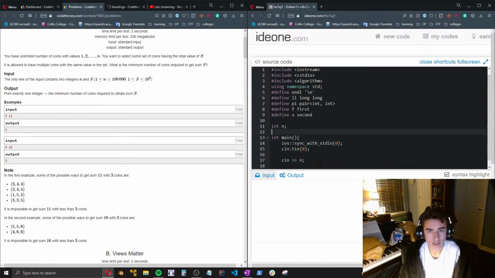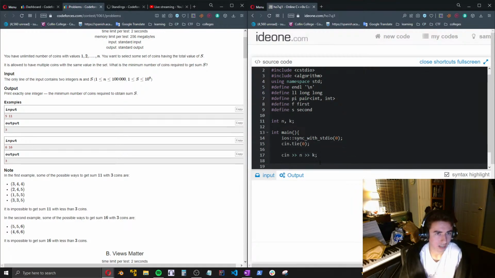Alright, let's take it as two numbers, n and k. So basically, we can just take multiples of n until the last number. If k is not divisible by n, we need one more, I guess. So it's things like k plus n minus 1 over n.